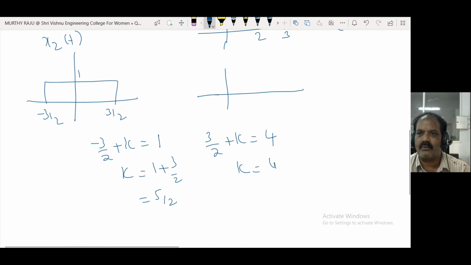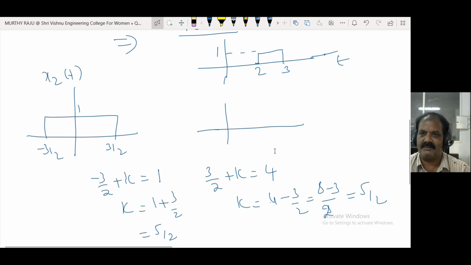Therefore, k is equal to 4 minus 3 by 2, 4 twos are 8 minus 3 by 2, that is 5 by 2. K is equal to 5 by 2. In both the cases, k is 5 by 2. Here 1 and 4. Therefore, here x2 of t minus 5 by 2.